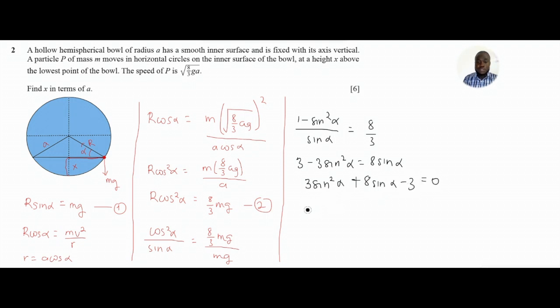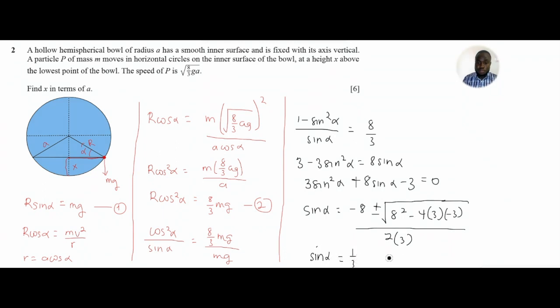Now using the quadratic formula, this gives us sine of alpha to be equal to either 1 over 3 or sine of alpha equals -3. And of course, sine of a real value of alpha cannot be greater than 1 or less than -1. So we go with sine of alpha equals 1 over 3.